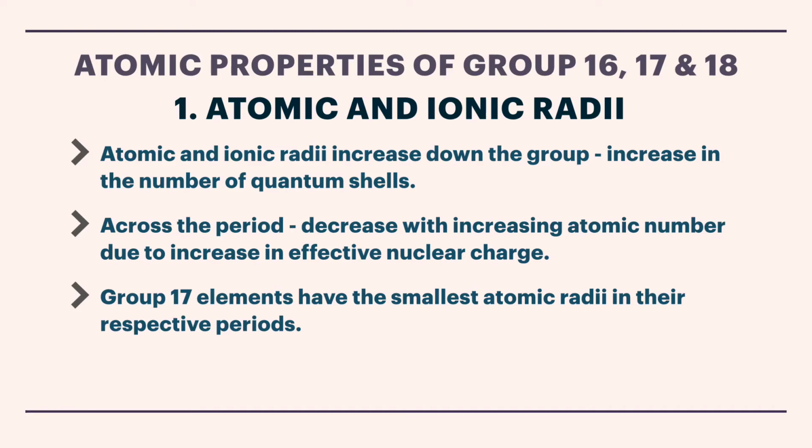Therefore, we say across the period, the atomic as well as the ionic radii decrease slightly with increase in the atomic number. Okay. So, group 17 elements have the smallest atomic radii in their respective periods.